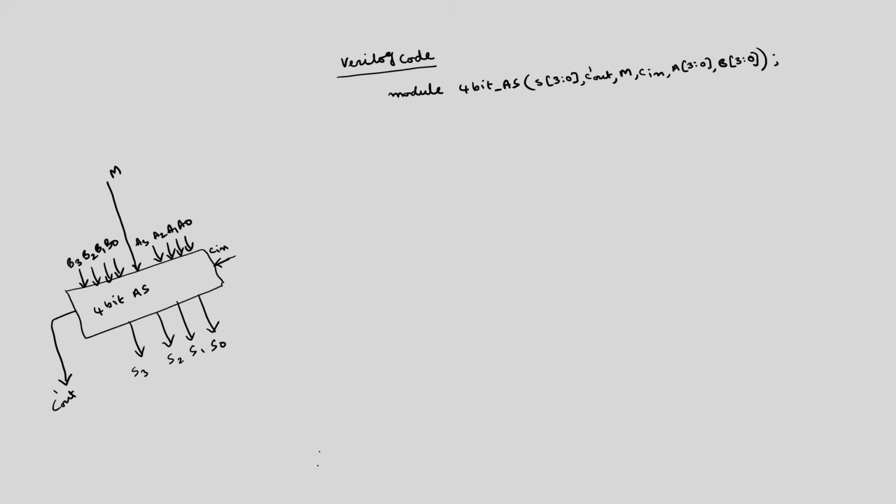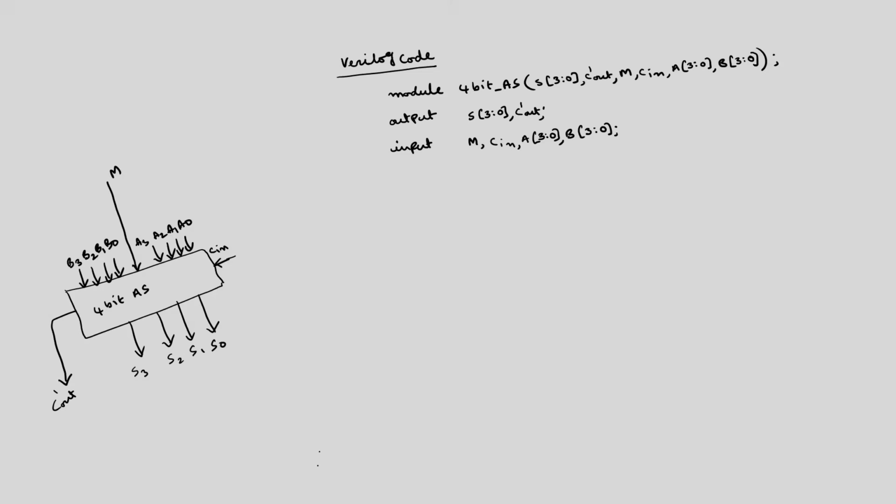This is the initial definition of the inputs and outputs. Then you can individually write output: S 3:0, C out dash. These are the outputs. Inputs: M, C in, A 3:0, B 3:0. This is how we can represent the arrays.